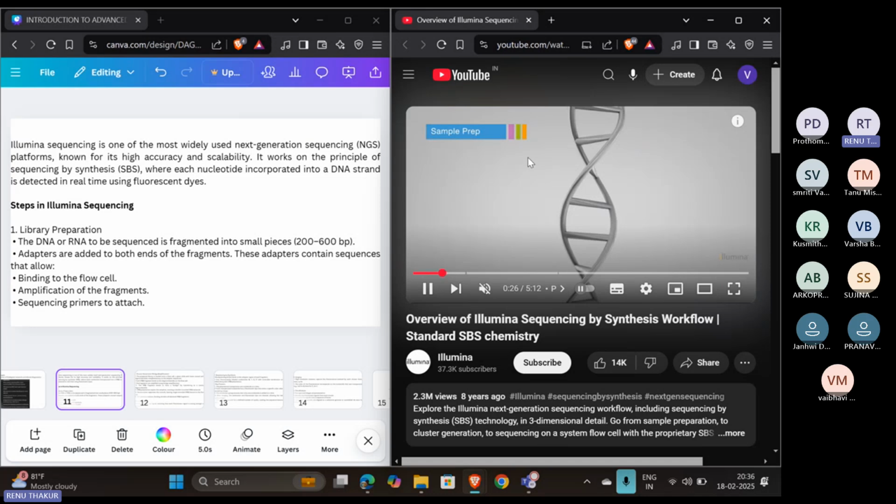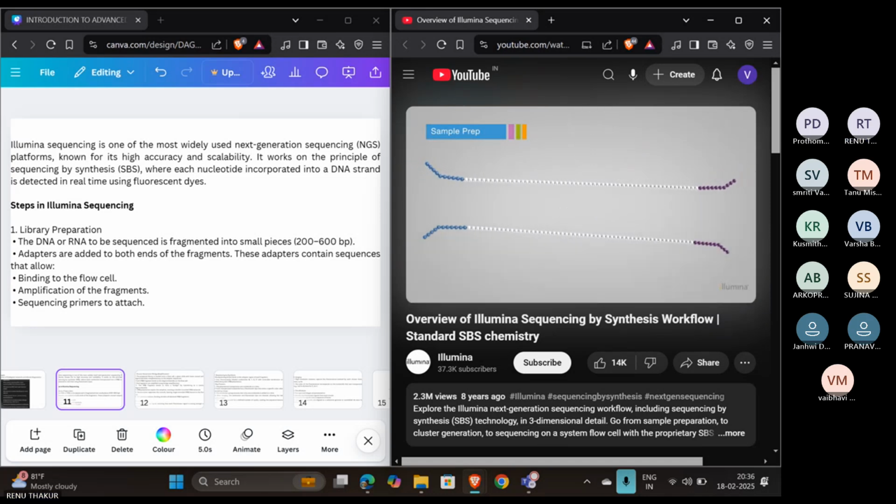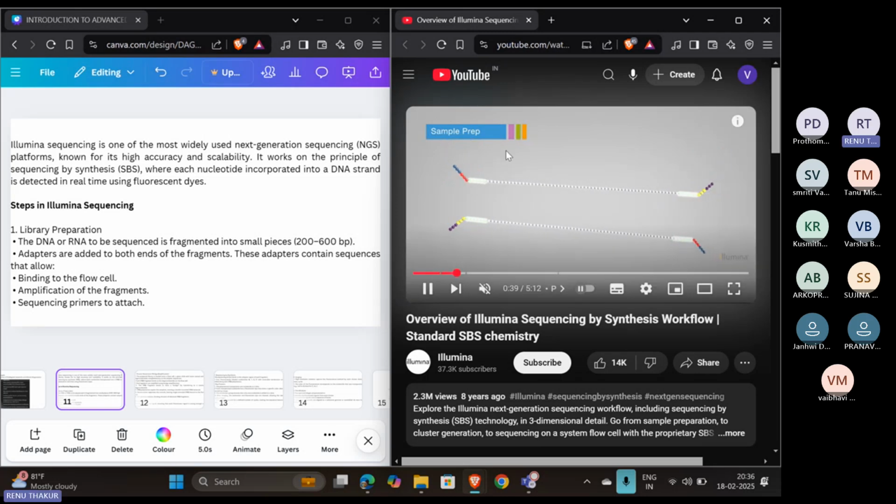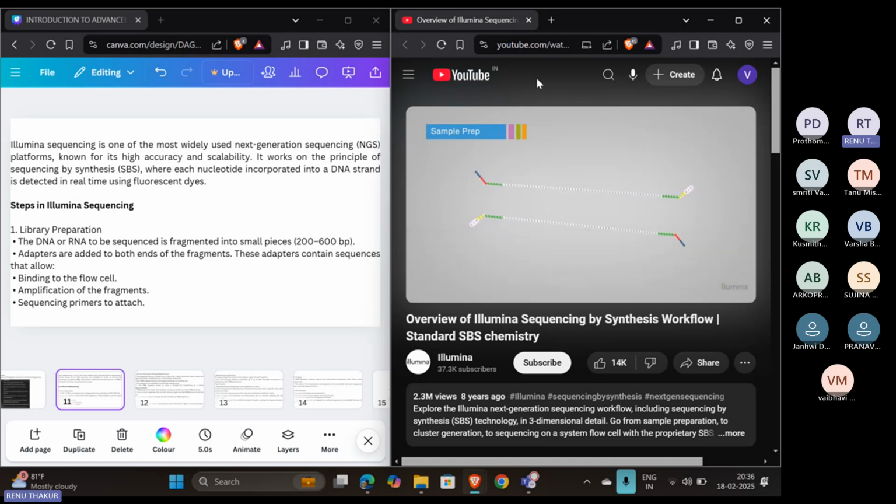First is your sample preparation. The adapters are being added to the ends as we talked about, and a whole library is prepared.